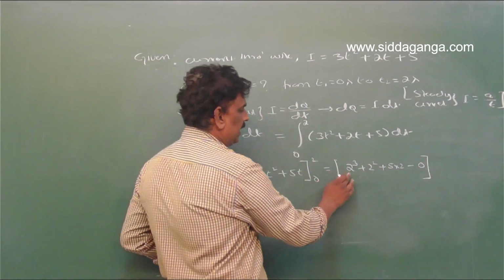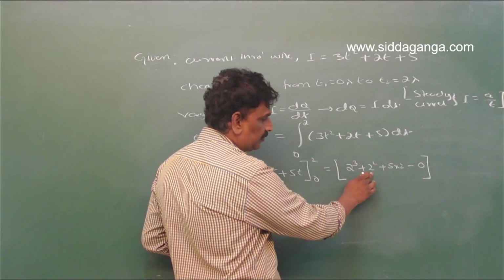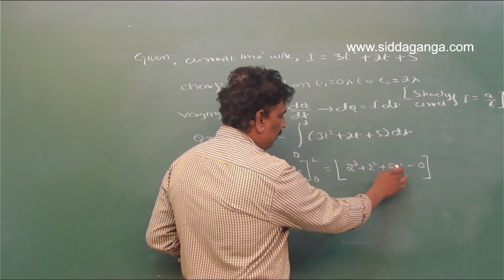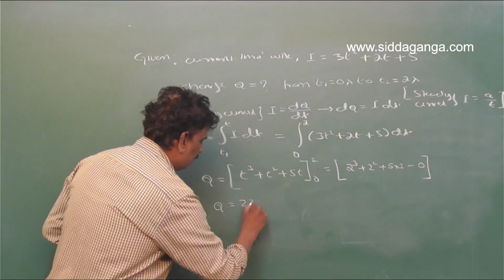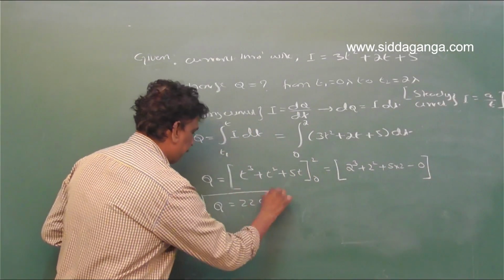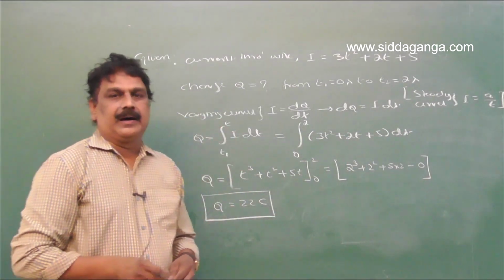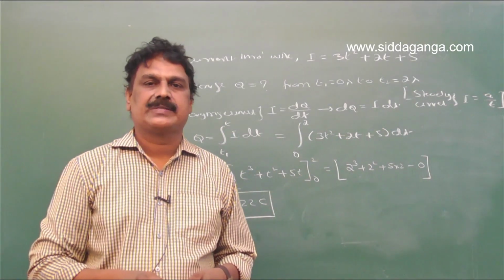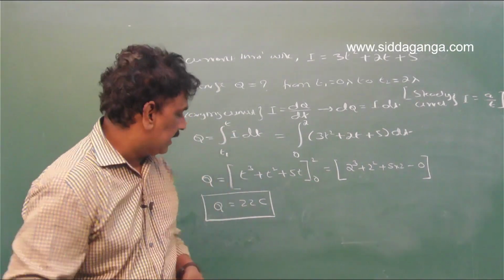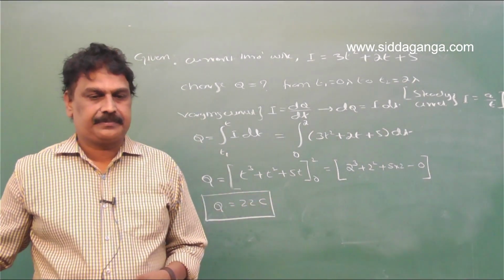This is 8 plus 4, 12, 12 plus 10, so Q is equal to 22 coulomb. Alright, so the charge flowing through the wire between 0 second and 2 second is 22 coulomb, and that is the answer.